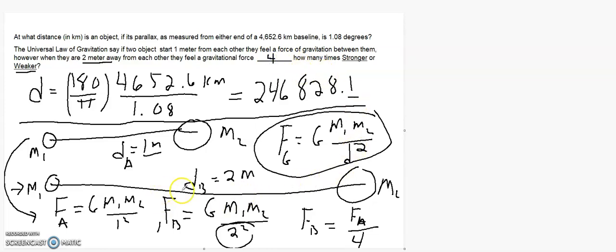All right, and you could play little games with this. Let's say they were half the distance. Okay, so here, let me do the problem again. Let's see if I can erase. It'll take me a while to erase all this, but here, we'll do the second situation.